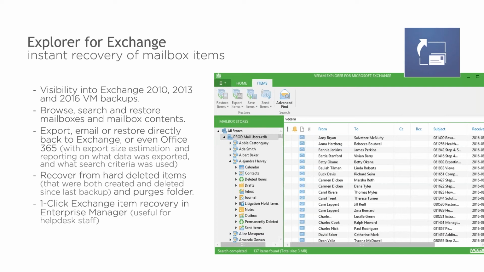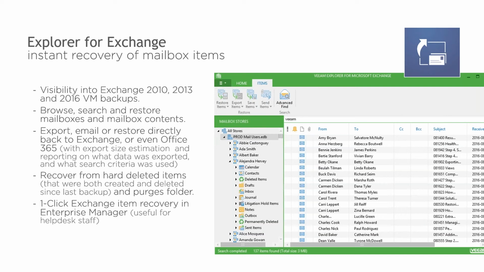You literally just right-click on it and you can restore it back to Exchange. You can export it as a PST file. You can email it back to the user who owns it. All of this within 2 or 3 clicks to launch the Explorer and recover those objects. Very powerful tool.